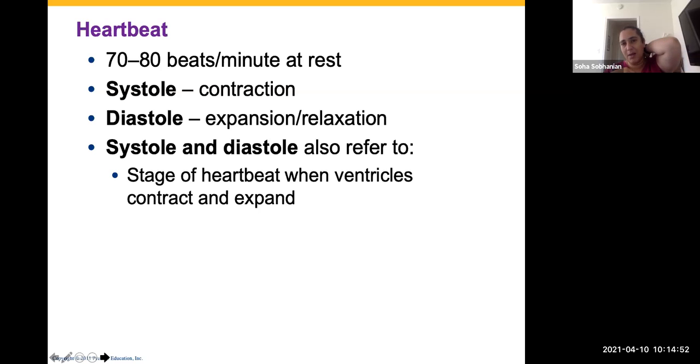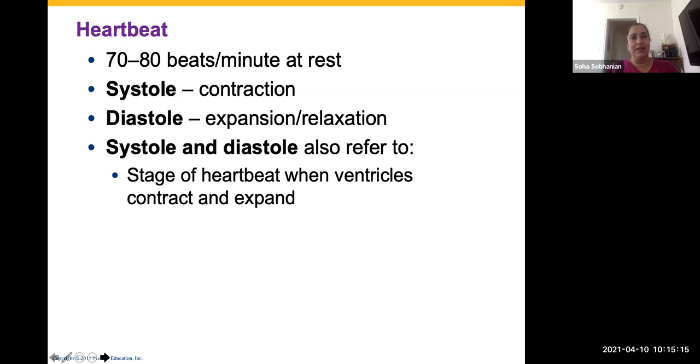And again, these numbers that I'm giving you are only for adults. Of course, if you have ever been around a newborn baby, you know that the heart rate is much higher. And as they get older, because the heart becomes larger in size, it doesn't need to beat as many times.